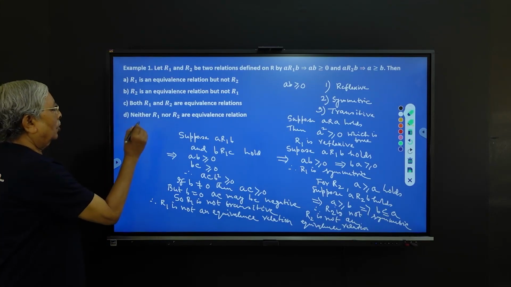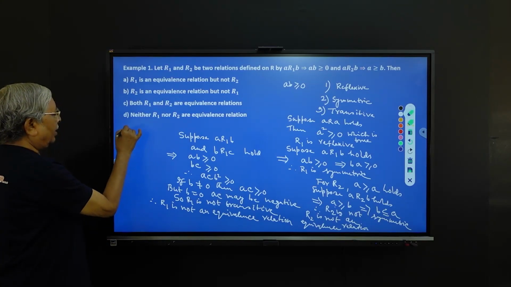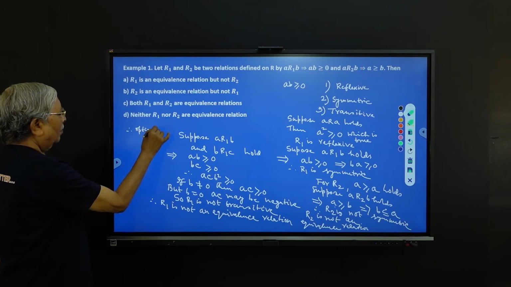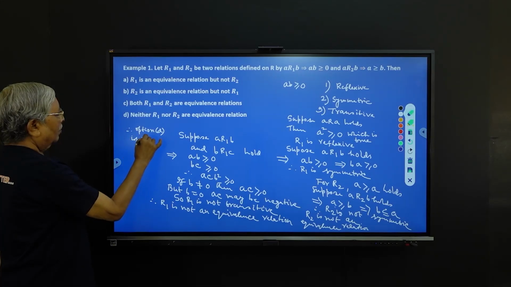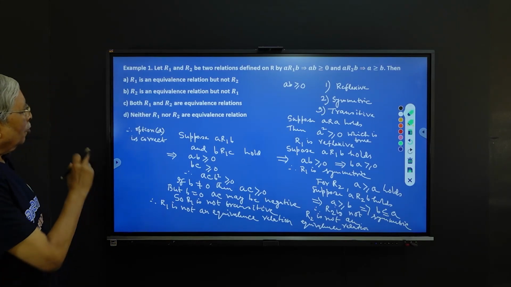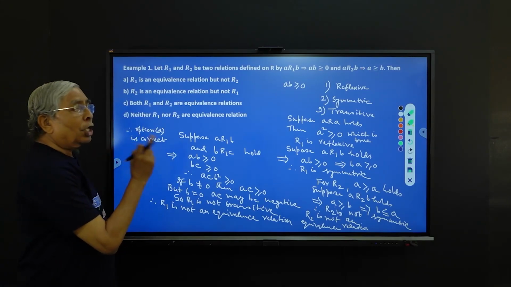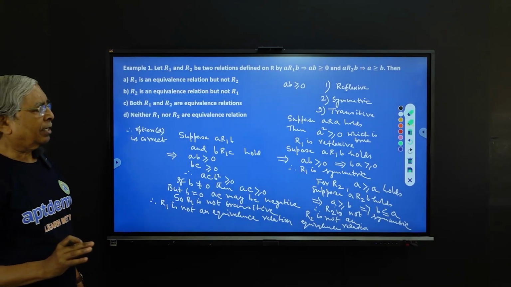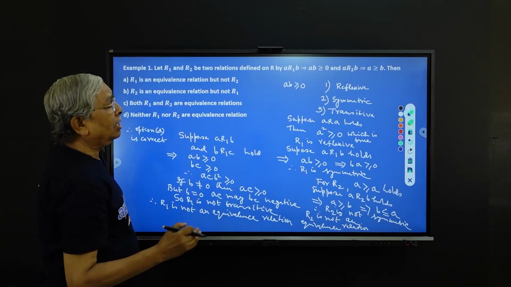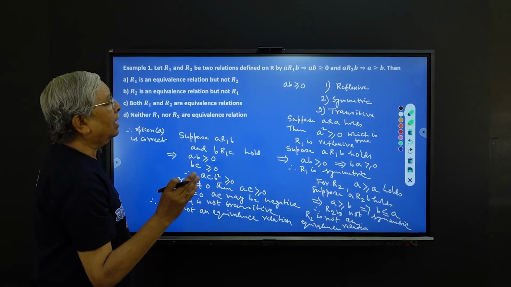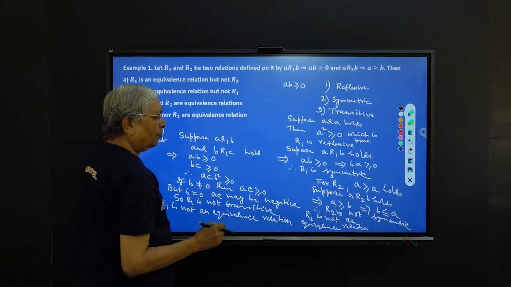Therefore, option D is correct: neither R1 nor R2 is an equivalence relation. So option D is correct. If any one of the three conditions does not hold, then it is not an equivalence relation.